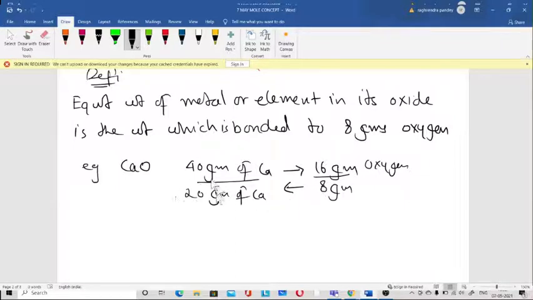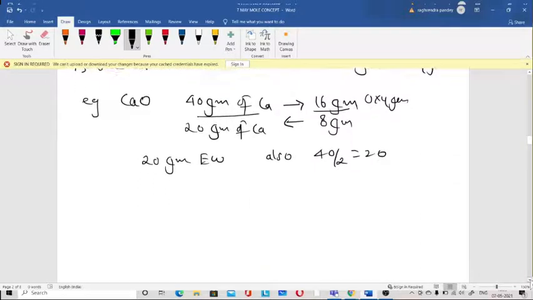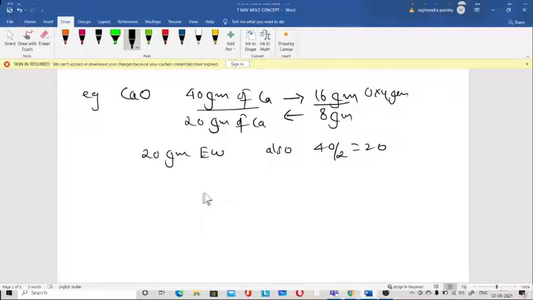So that is your equivalent weight. Also, you know that valency of calcium is 2, so by valency point of view also you can do that. 40 divided by 2 is 20. Both are correct. So this is one of the aspects. For example, again, if you take Fe2O3.